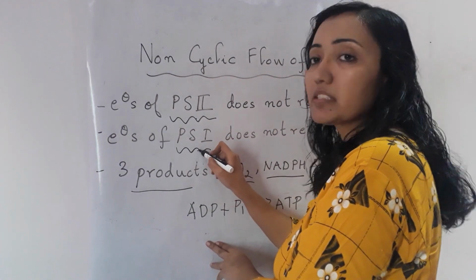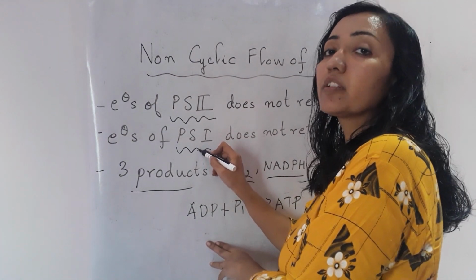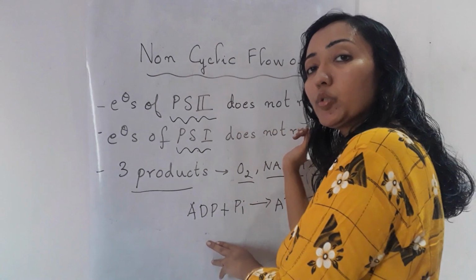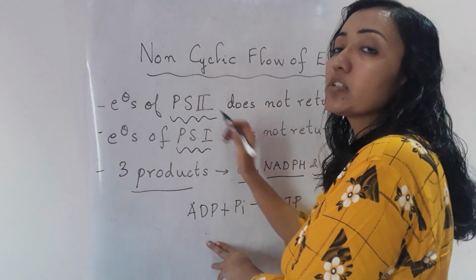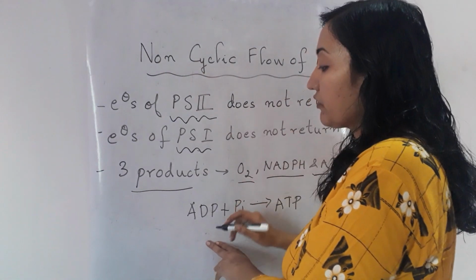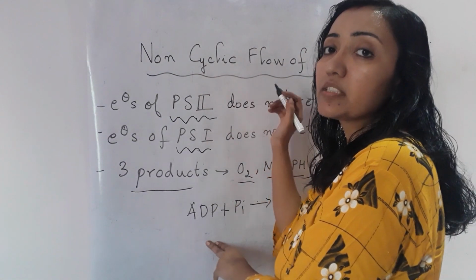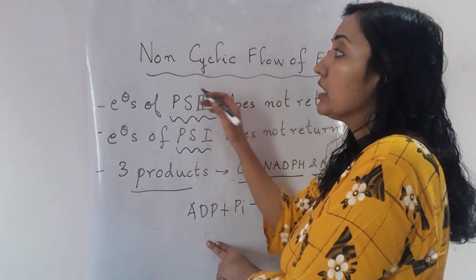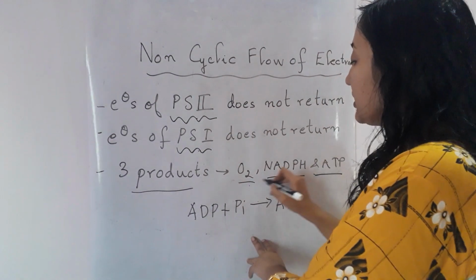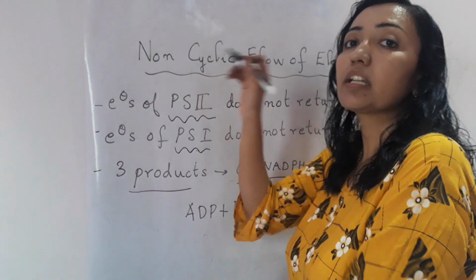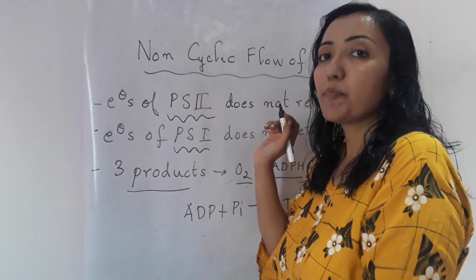Similarly, the electron which is excited by PS1 will not return back to PS1 and it will go to NADP plus to make NADPH. This non-cyclic flow of electrons is called non-cyclic photophosphorylation. In non-cyclic photophosphorylation, oxygen, NADPH and ATP are made, and the electron does not follow a cyclic pattern.